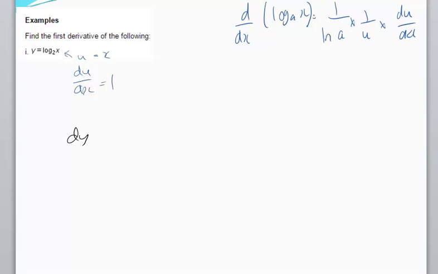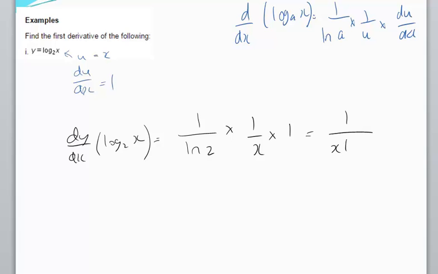So we say dy on dx for our log base 2 of x becomes 1 on our natural logarithm of 2 multiplied by 1 on u, which is 1 on x, multiplied by du on dx, which is 1. So this comes together as 1 on x natural logarithm of 2.